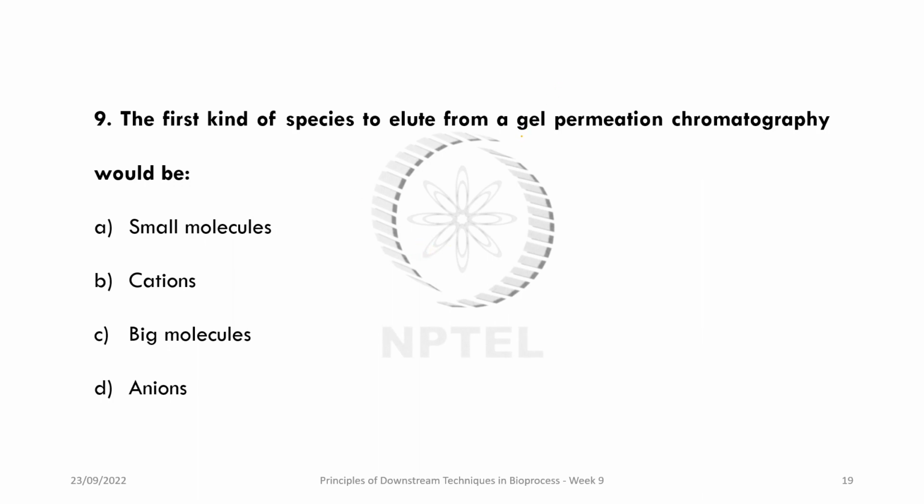Gel permeation chromatography is just another name for size exclusion chromatography. Maybe the color is not the right choice. Is it visible? Should I write again? Size exclusion chromatography.